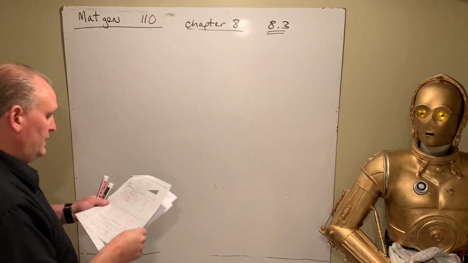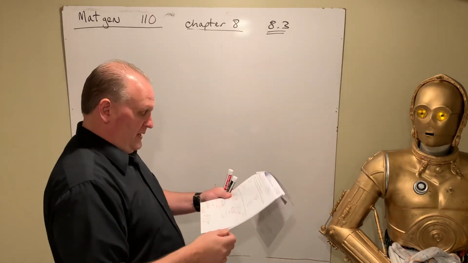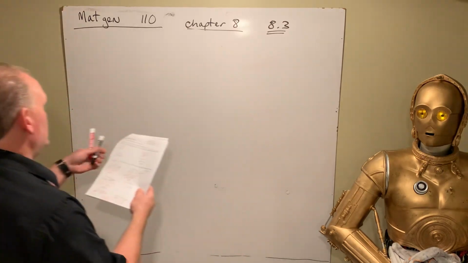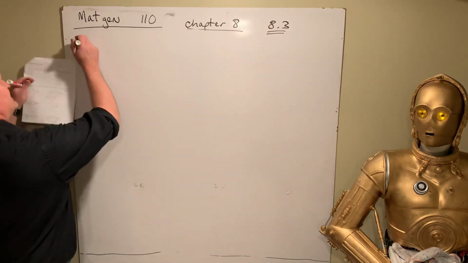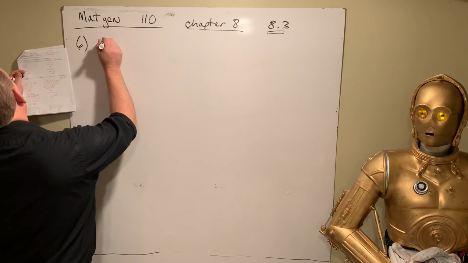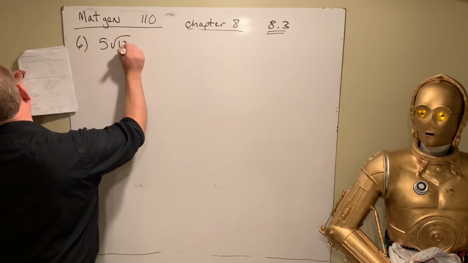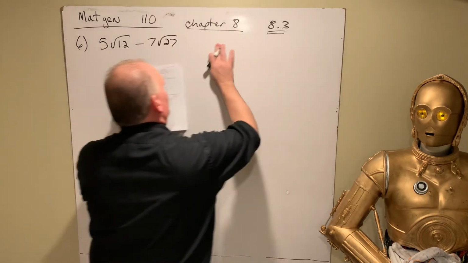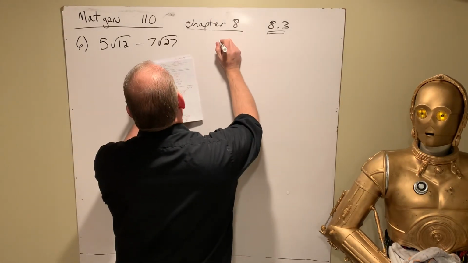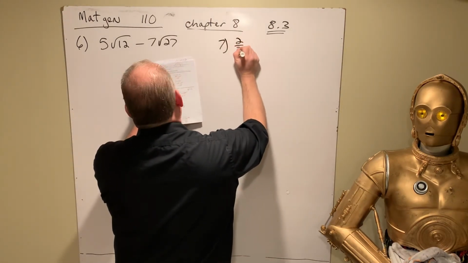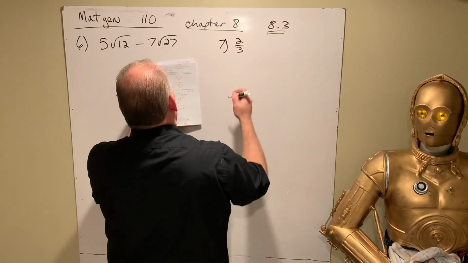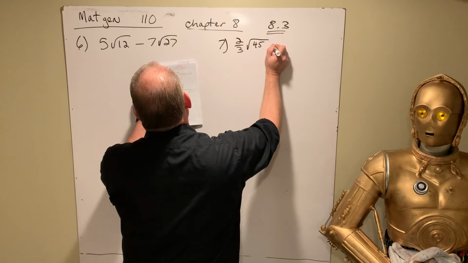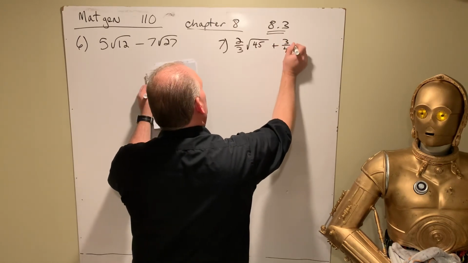So we're on the Chapter 8 note packet, and we're on page 5. So number 6, we're going to actually call back to what we did in the last section. In fact, this whole section we are. 5 times the square root of 12 minus 7 times the square root of 27.